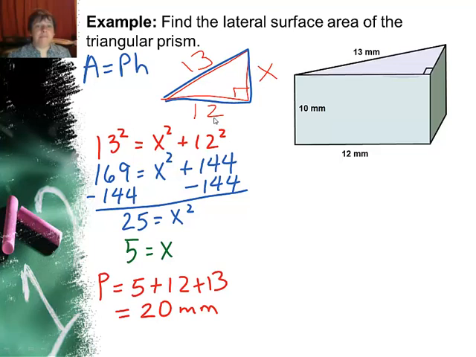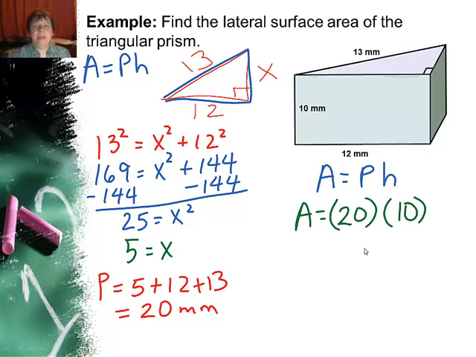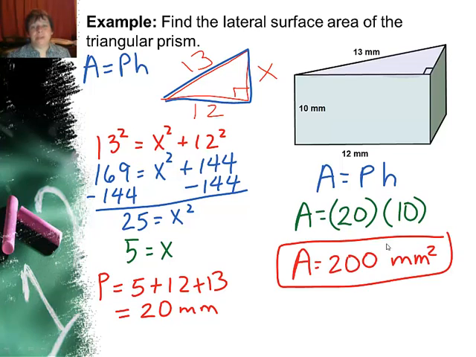It's 5 plus 12 plus 13. When you add those all up, you get 20 millimeters. Finally, we can find the area. I'm going to put the 20 in for the perimeter, and the height is this distance here, 10. It's the one that's not one of these sides of the base. So substituting in, area equals 20 millimeters times 10 millimeters, or 200 millimeters squared.